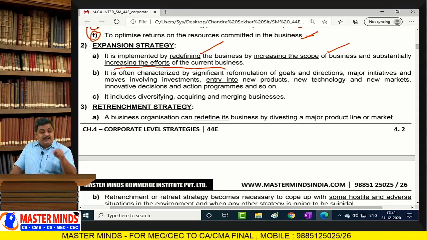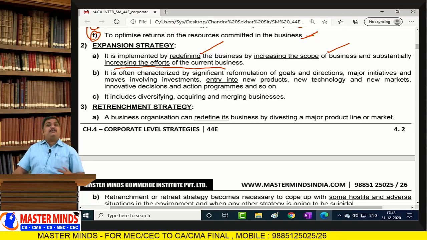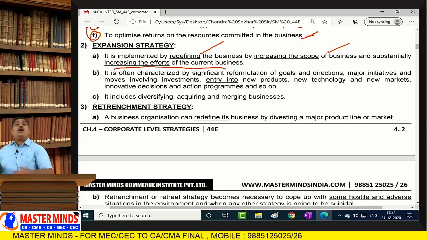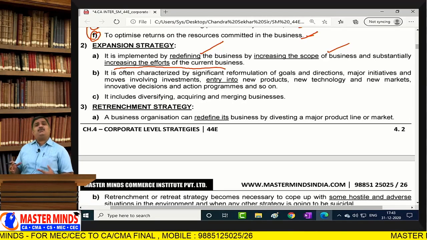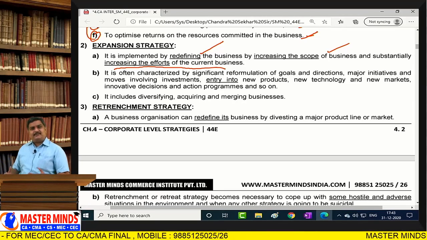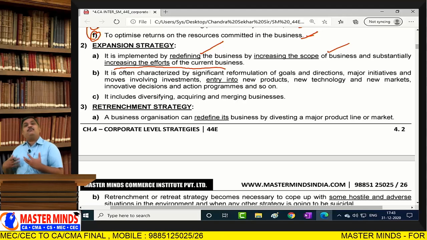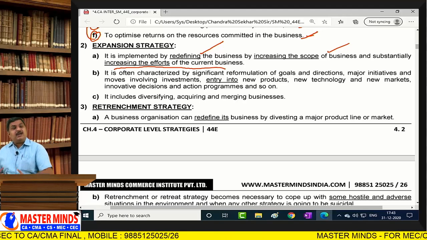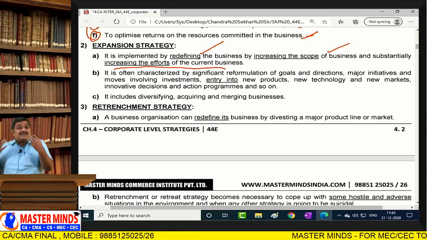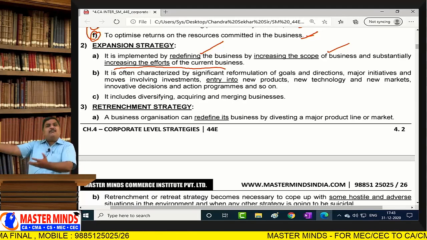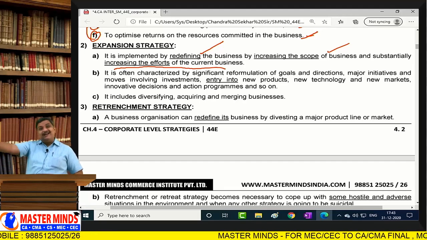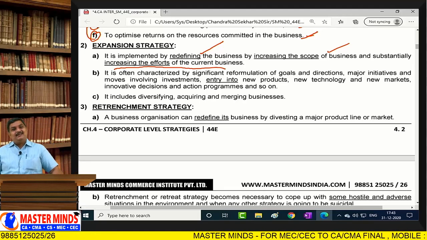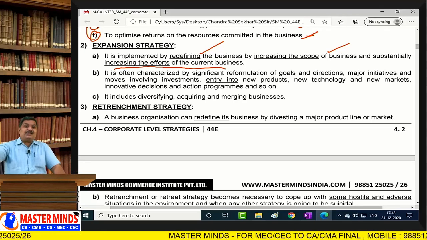Here in expansion strategy, you need to have substantial efforts, a large number of efforts. The reason is, you are entering into a new business, with a new product, in a new market. So everything is new. From scratch, you are a newcomer, a new entrant into that business. You are a kid in that business. You are in the nascent stage in that business.